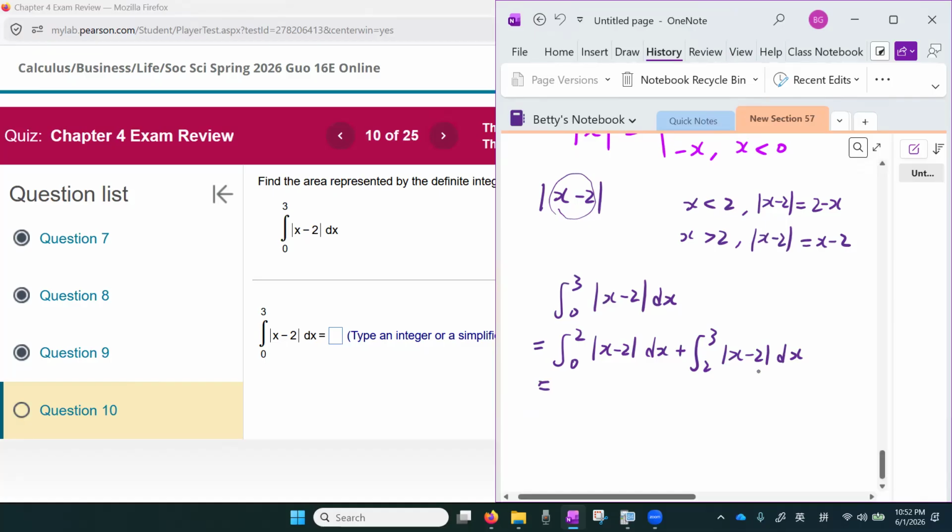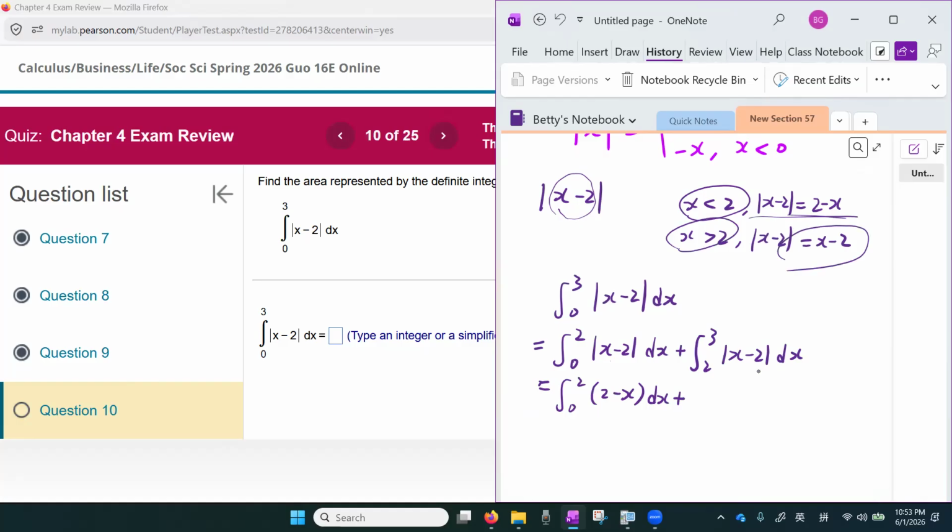From 0 to 2, that means x is less than 2. When x is less than 2, the integrated function is 2 minus x. From 2 to 3, that means x is bigger than 2. So the integrated function is x minus 2. Okay.